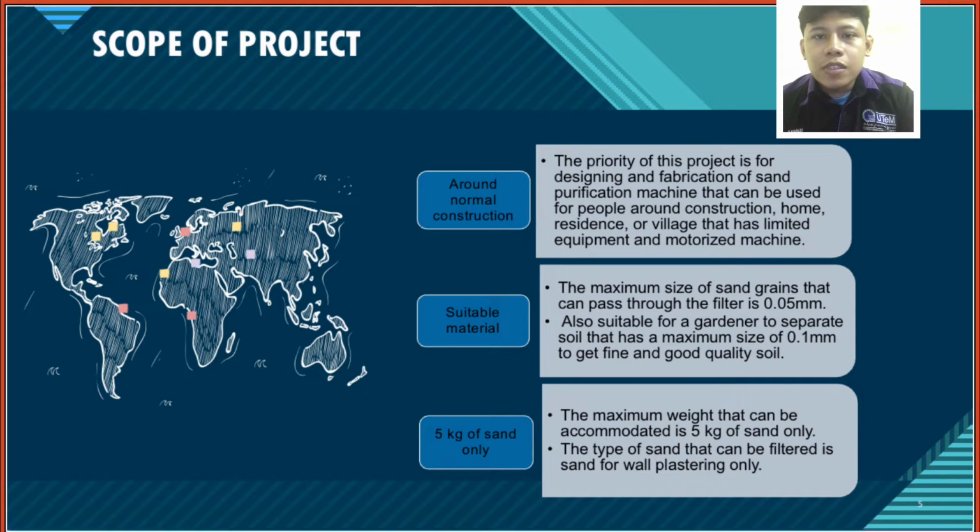The maximum size of sand grains that can pass through the filter is 0.05 mm, and it is also suitable for gardeners to separate soil that has a maximum size of 0.1 mm to get fine and good quality soil. And the last point is the maximum weight that is recommended is 5 kg of sand only, and the type of sand that can be filtered is sand for water plastering only, such as wall coating, cement coating, and so on.